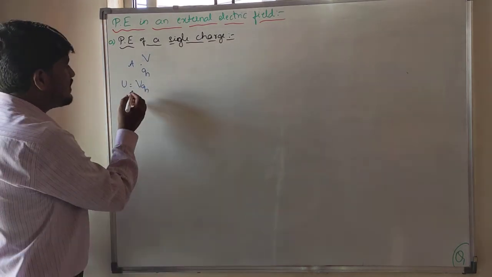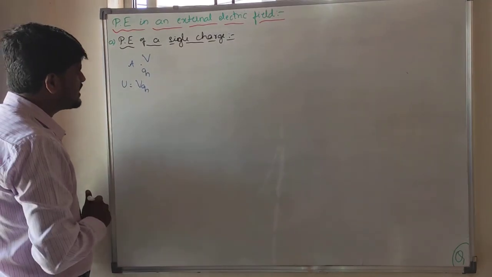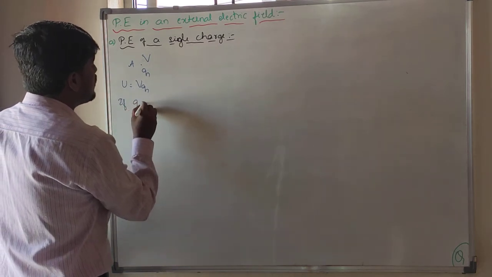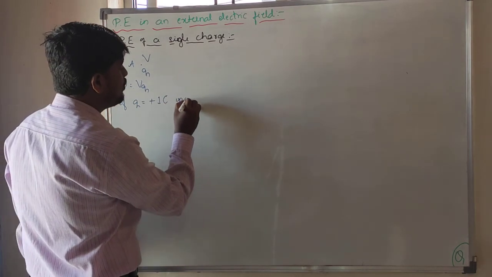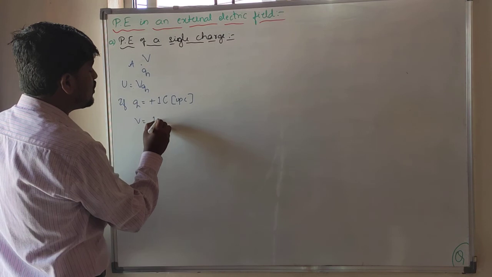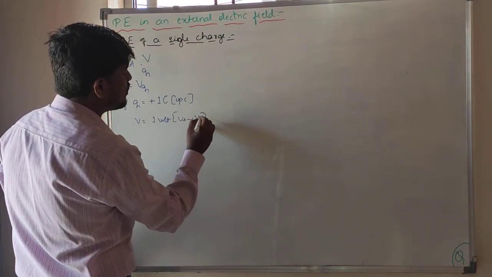Friends, afterwards, let us go with one more important concept related to this. If charge Q is equal to plus 1 coulomb, and instead of taking V, I take a potential difference VA minus VB equal to 1 volt.